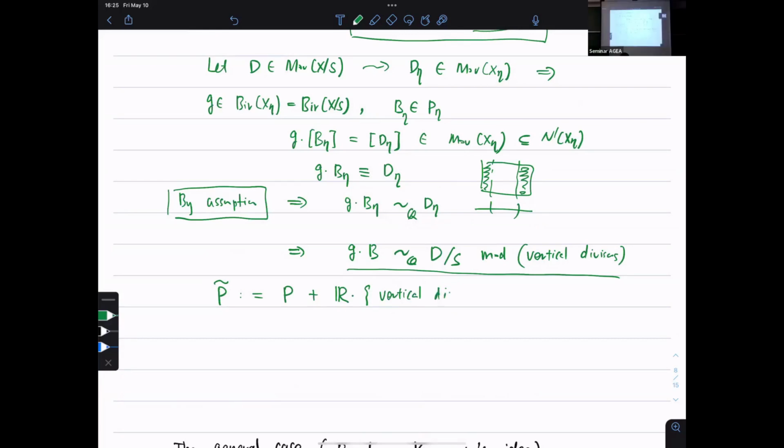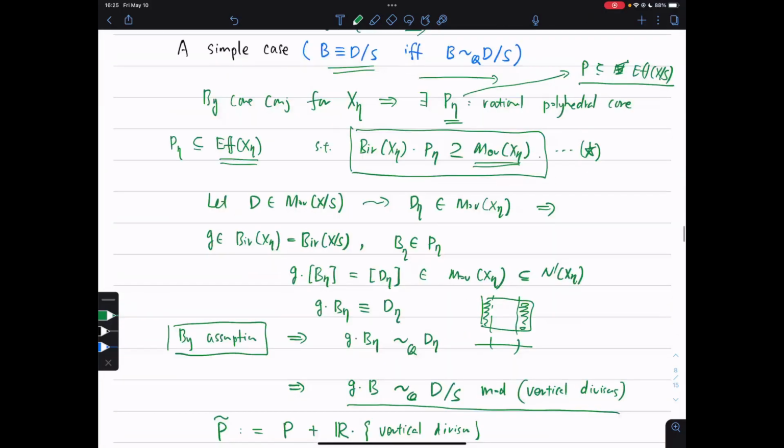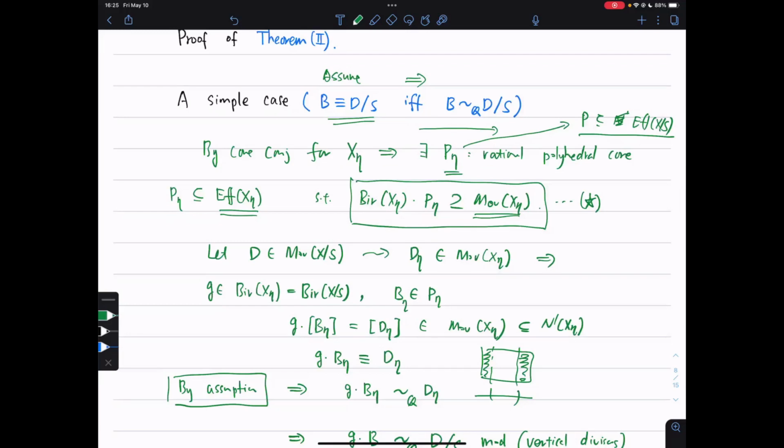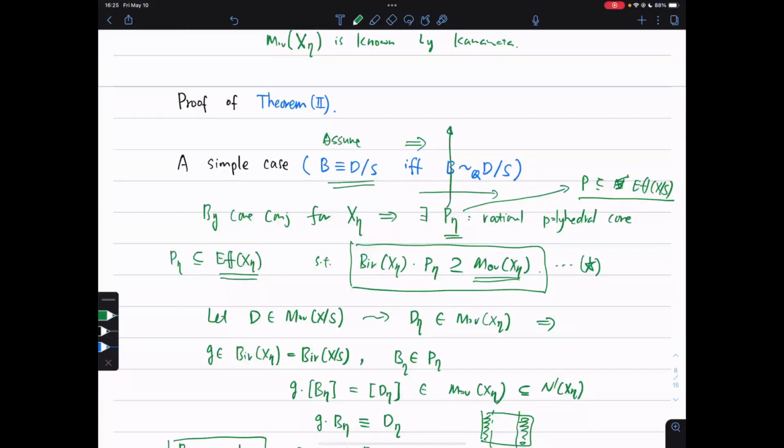Sorry, could you explain again what you mean by the lift of the polyhedral cone? Oh, yeah. So how do you define this P? So this is a rational polyhedron cone, let me write here, by lifting. In this space, we have this P8 generated by divisors D8. Let me write cone here. So this is a cone generated by these divisors.